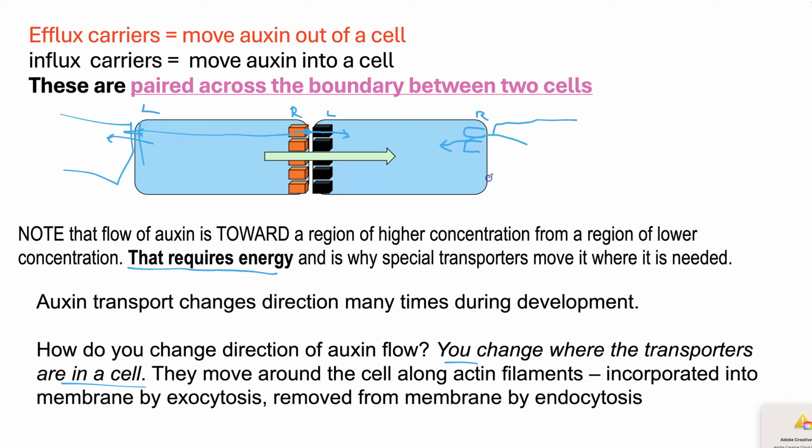It's not just a two-cell thing. And so it's beautifully coordinated because the cells can reasonably quickly change the direction of transport by pulling all these guys in through endocytosis, sending them along the actin filaments to the new location, and then exocytosing them out onto the membrane, not the cell wall, but the membrane of another face of the cell.